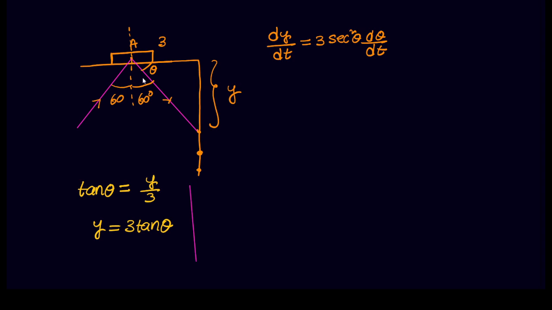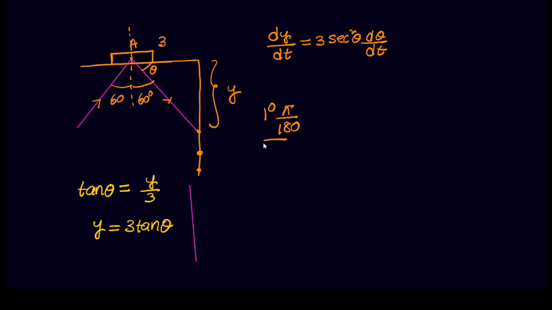The mirror is rotated by some angle. How much is the mirror rotated? They have given it as 1 degree per second, so we convert into radians: pi by 180 radians in 1 second.